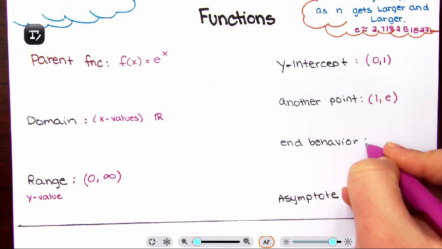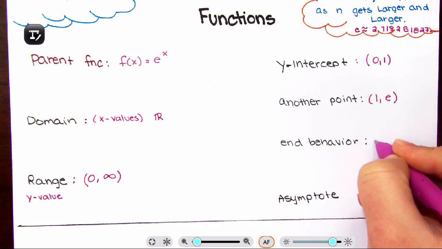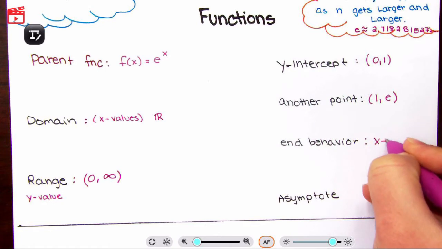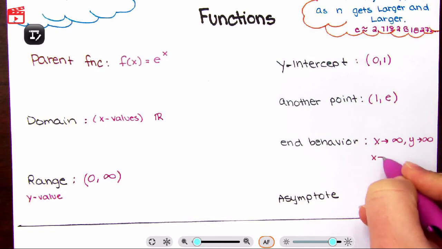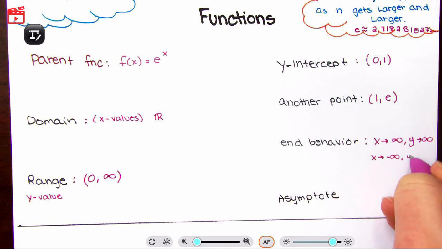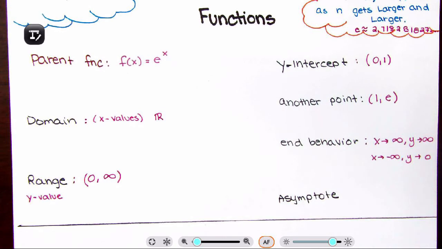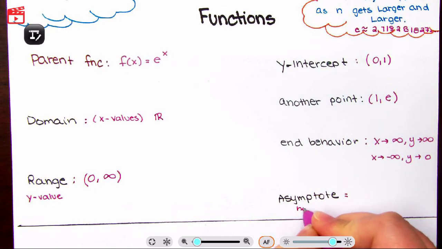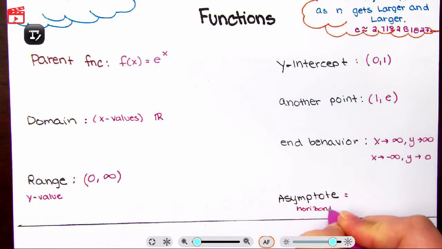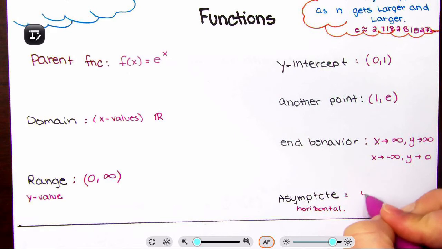For your end behaviors, as x approaches infinity, y approaches infinity, and as x approaches negative infinity, y approaches 0. The asymptote here is your horizontal asymptote, and that is at y equals 0.